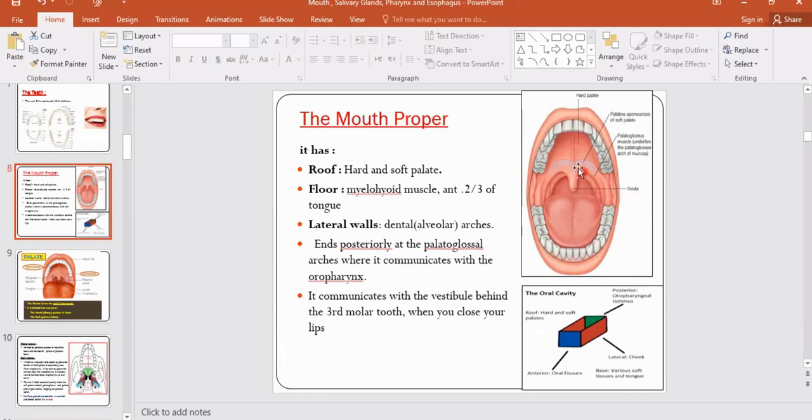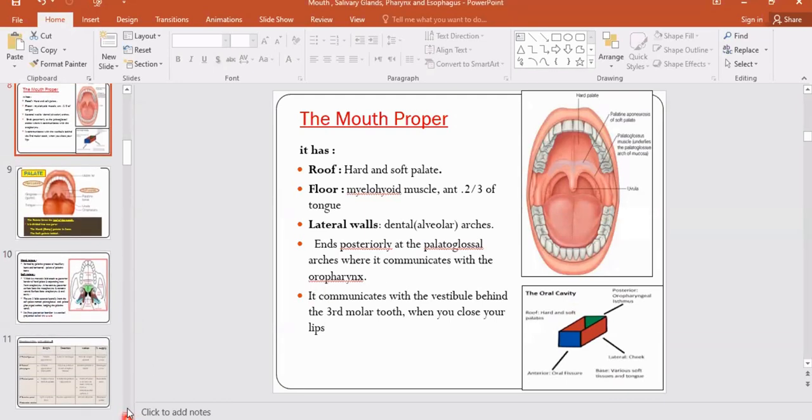The anterior is going from palate to the tongue, palatoglossus, and the posterior one is going from palate to the pharynx, which is behind the oral cavity. It is called the palatopharyngeal arch. And this in the center portion hanging down is called the uvula. So in the oral cavity, you have to remember this.